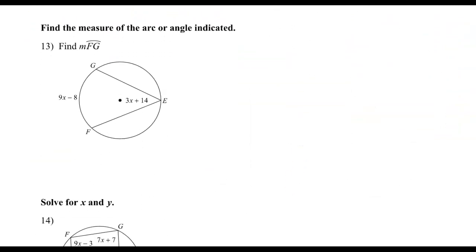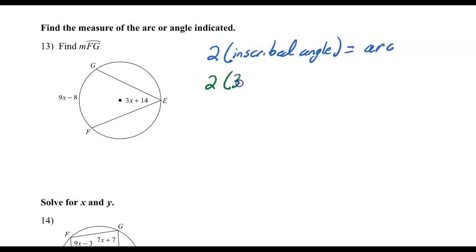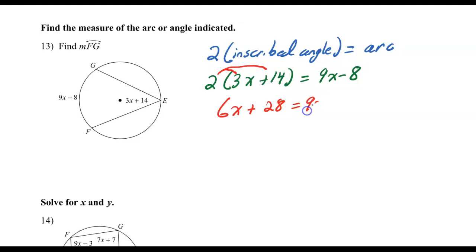This last problem here involves some algebra. We learned that 2 times the inscribed angle is equal to the arc. So 2 times 3x plus 14 is equal to 9x minus 8. We're going to distribute: 6x plus 28 is 9x minus 8.